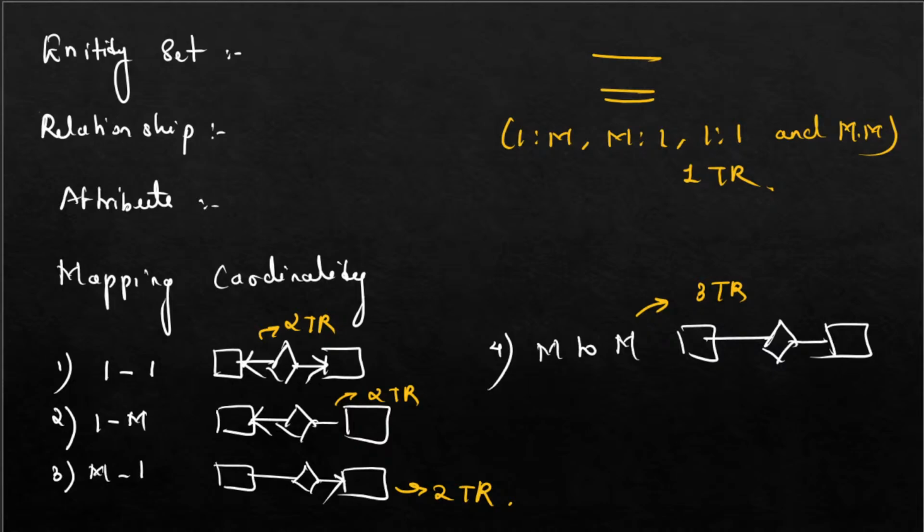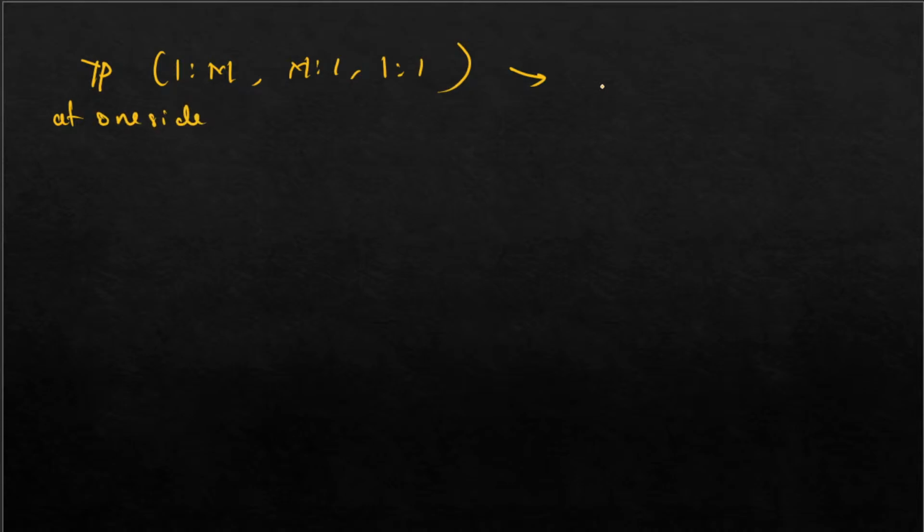See, total participation, I am writing TP, is there at one side where the relation is 1:m, many-to-1, or 1:1. Okay, so here, total participation at one side, only one table is required.